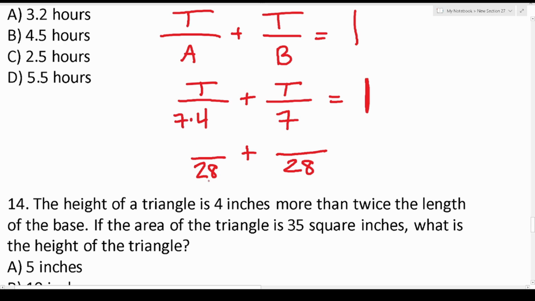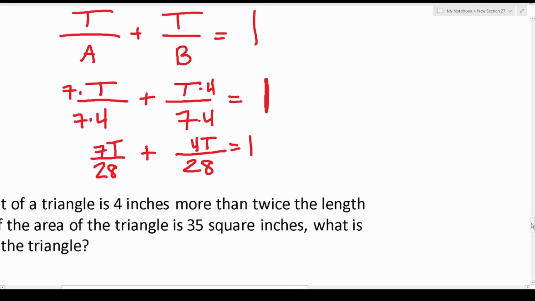We're also going to have to do that to the numerator. So 7 times t is 7t. Likewise, to make 7 into 28, we have to multiply it by 4. And we're also going to do that to the numerator. 7 times 4 is 28. 4 times t is 4t. Of course, this equals 1.